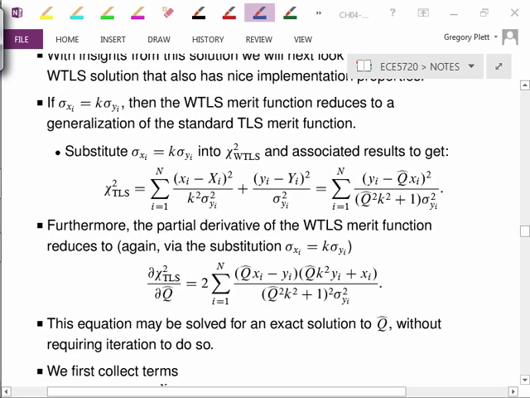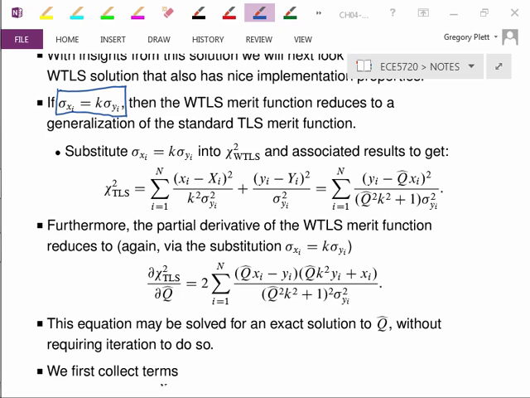So to be more concrete, we assume that the standard deviation of every x_i data point is equal to a known constant k times the standard deviation of the corresponding y data point. And k is always the same. The sigma x_i may be different from i to i, but the proportionality k is always the same.